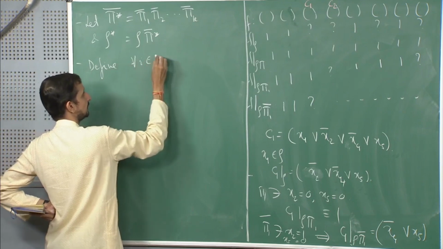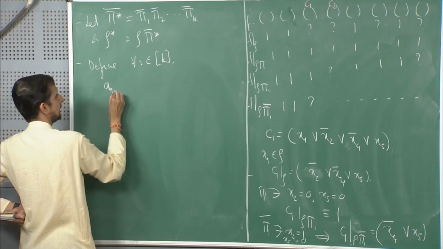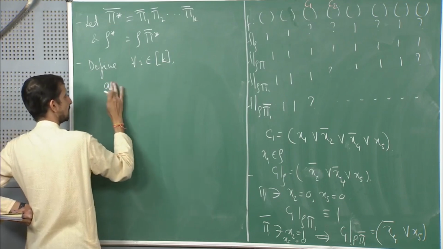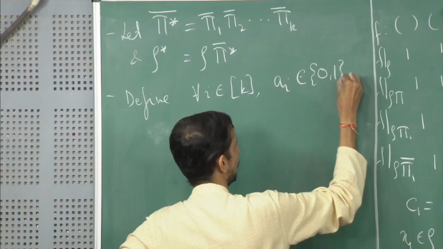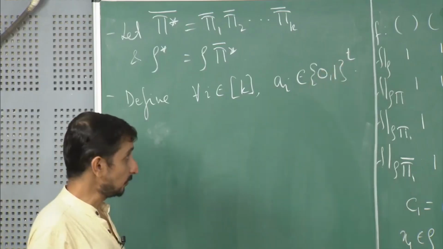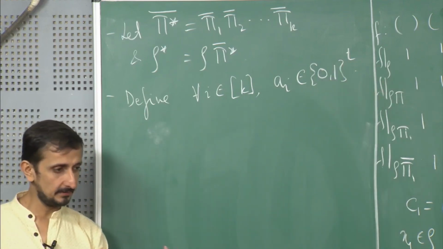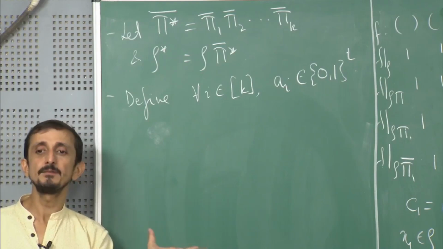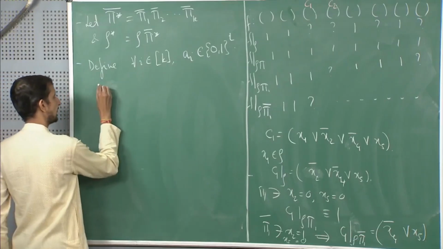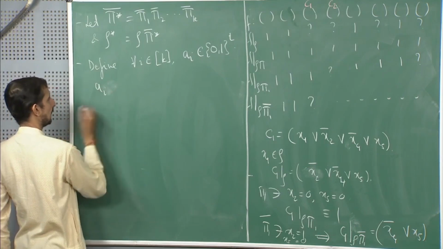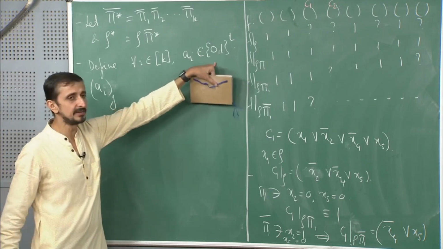Define, for all i belonging to 1 to k, a_i belonging to {0,1}^t. What was t? We took a t-CNF, so t was the maximum size of a clause. So a_i is basically a t-bit string.